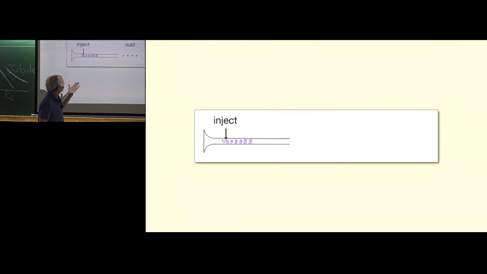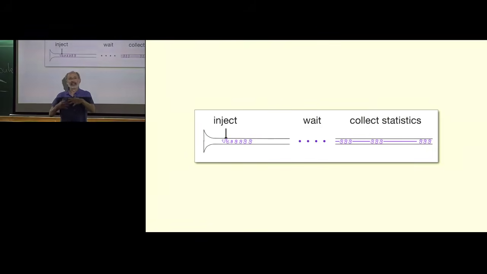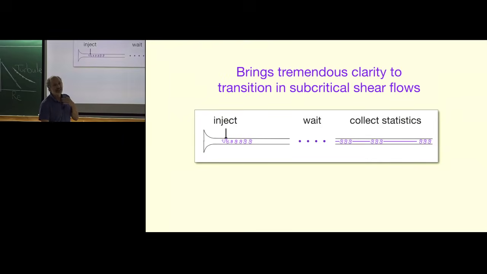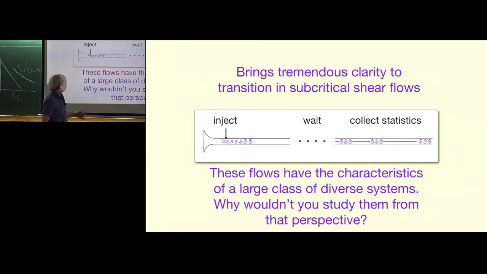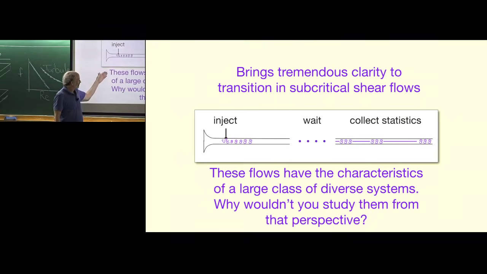And this is what we learned: you inject, and you have to wait a really long time in a really long pipe, until you reach a statistical equilibrium, and then you measure the statistical properties. That is the way in which you can understand these systems in a way that doesn't cause all these arguments. And it's really brought tremendous clarity to our understanding of these problems. And the other thing is, there's a whole class, the people over here, maybe some of you are those people too, the statistical physicists have known this for a long time.